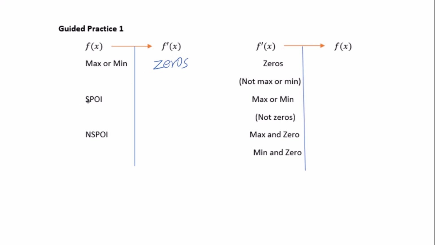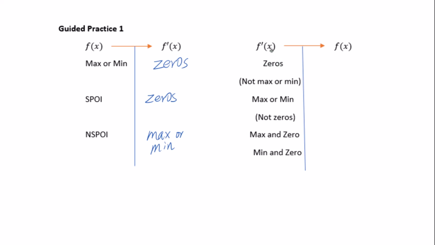Stationary point of inflection will also be changed into zeros. Non-stationary point of inflection will be a maximum or minimum of f prime of x.